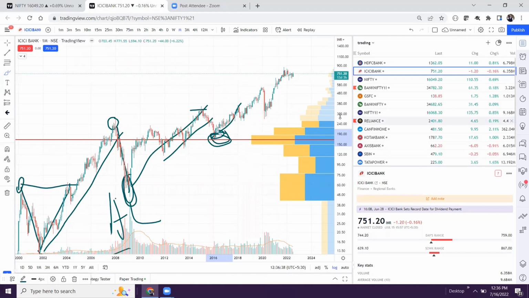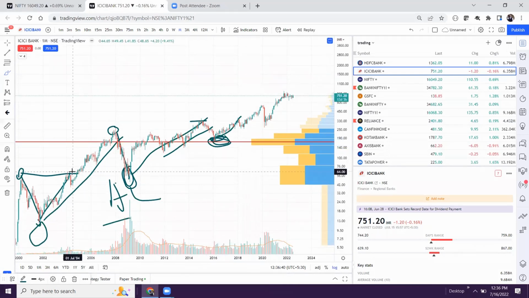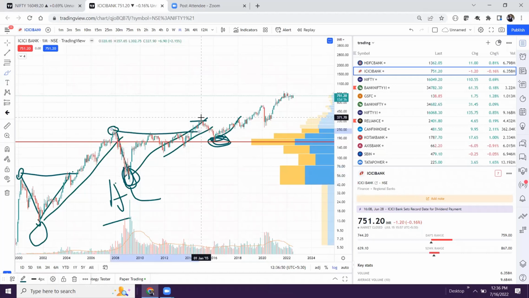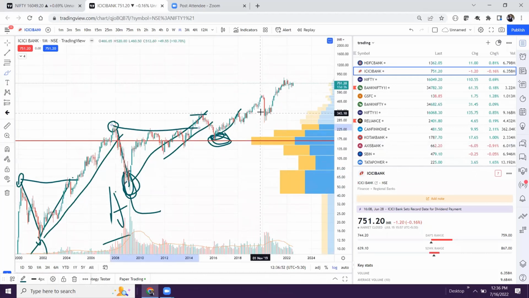If you are in a trend and started here, your trailing stop loss is never hit. It gets updated. Once this high is taken out, this becomes the trailing stop loss. Once a new high is formed, this becomes the stop loss. Once this high was taken out here, this becomes the stop loss.